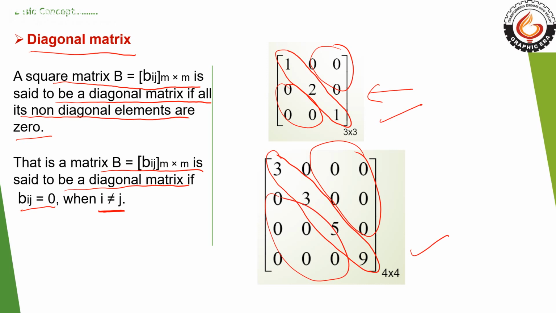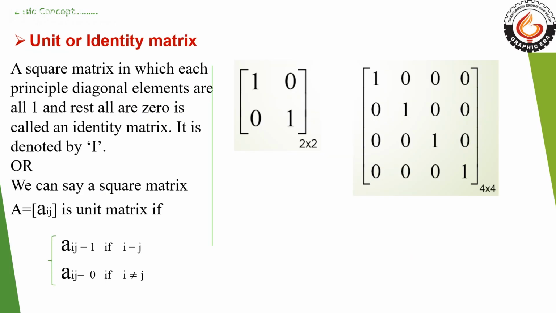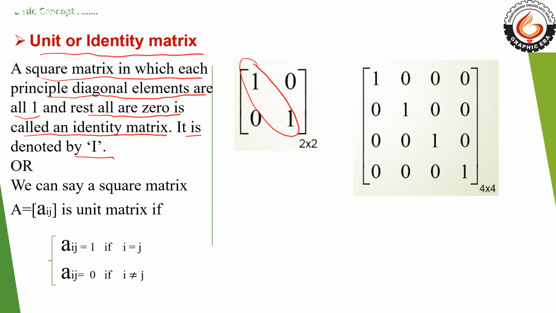This is the principal diagonal, and all other elements are 0. Non-diagonal elements are 0. Now the unit or identity matrix. A square matrix in which all principal diagonal elements are 1 and the rest are all 0 is called an identity matrix. It is denoted by I. It is similar to the diagonal matrix, but in the principal diagonal all elements should be 1.